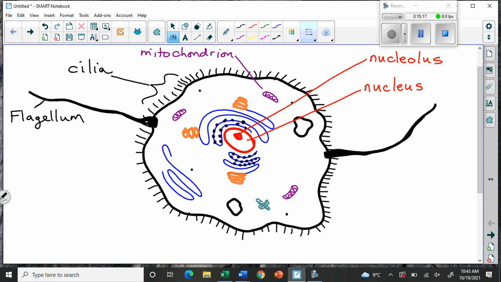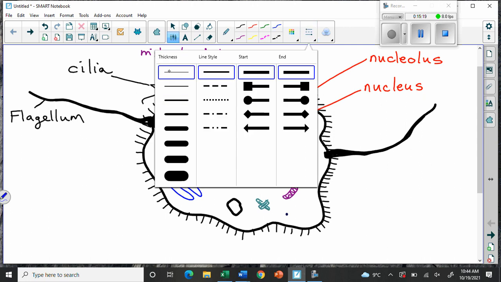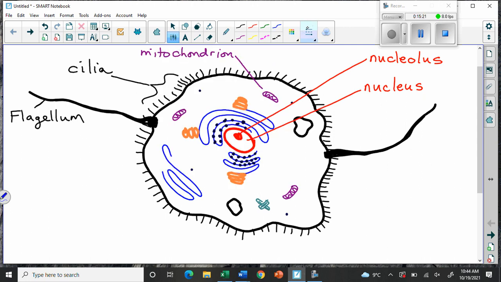Now, the blue one. It's a big name. So I'm going to draw a line to it. I'll draw the line from here. It's called the endoplasmic reticulum.